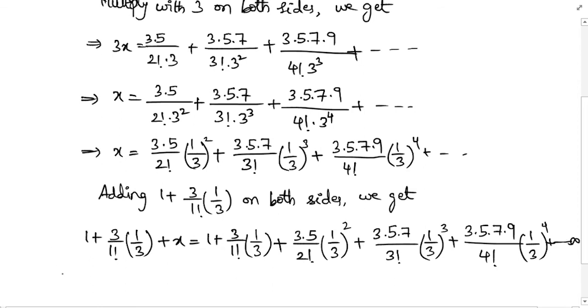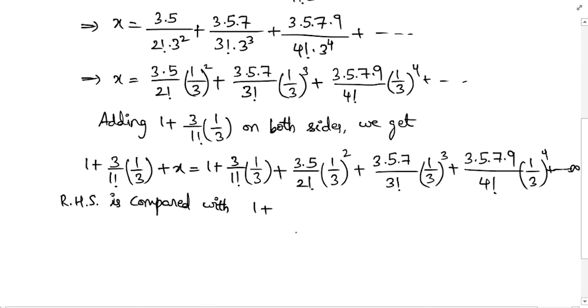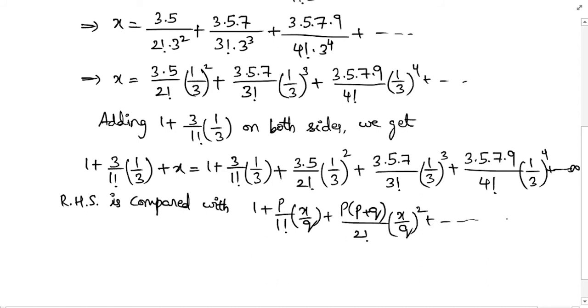Now we'll compare RHS with 1 plus p by 1 factorial into x by q plus p into p plus q divided by 2 factorial into (x by q) whole square plus so on.